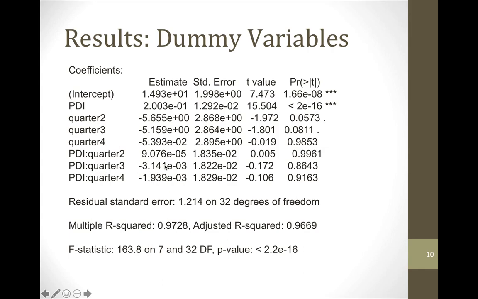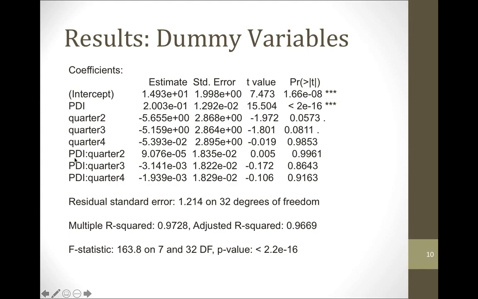We're going to see the interaction term later. So this is the predicted value for Q1. And here, Q2, Q3, and Q4 are the differences in sales between Q2 and Q1, Q3 and Q1, Q4 and Q1. And they are not significant.